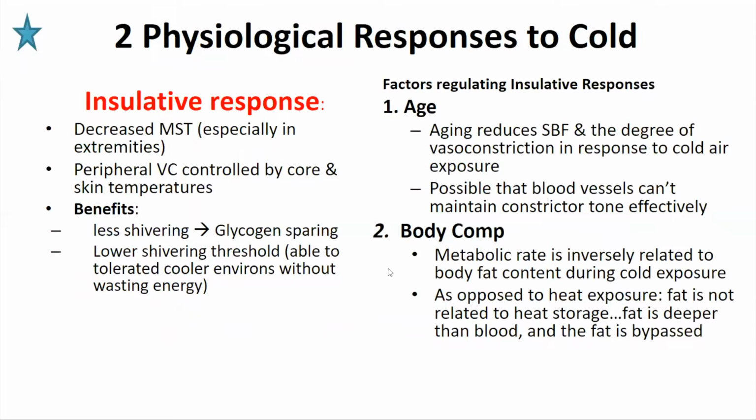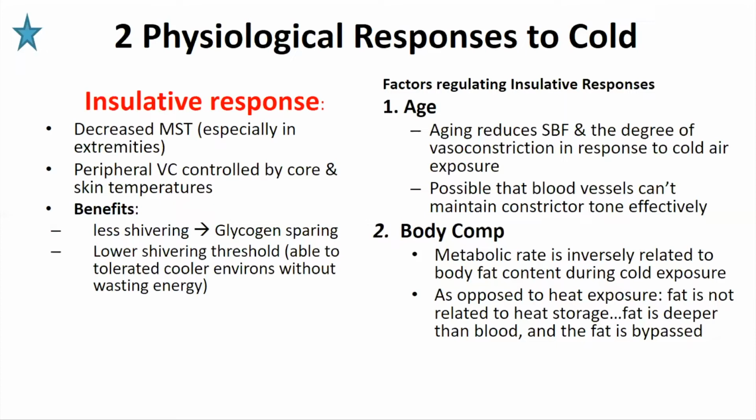So our insulative response, remember, is our ability to vasoconstrict. So what is going to affect our ability to vasoconstrict? One is our age. As we talked about in the heat section, as we age, it increases our risk of heat stroke or heat illness because our ability to regulate skin blood flow is reduced as we age.